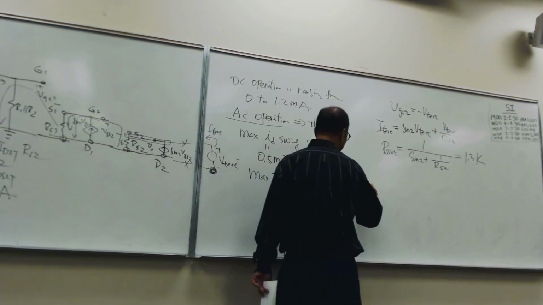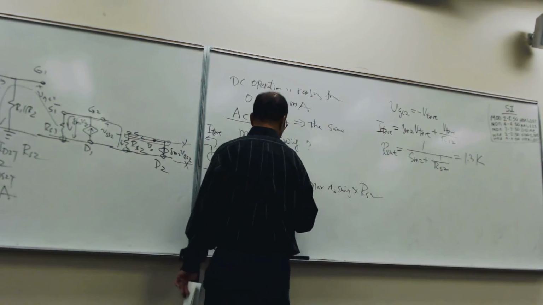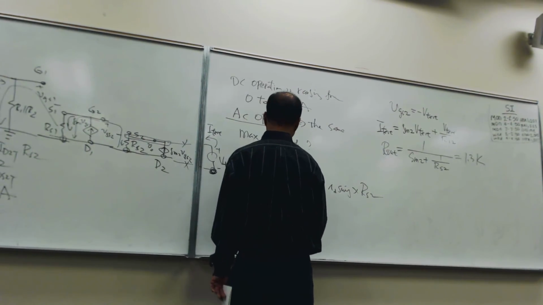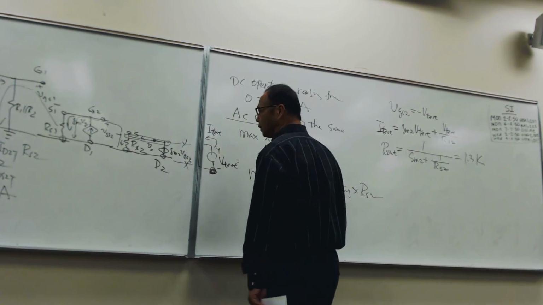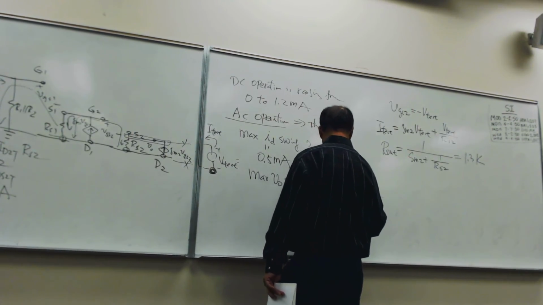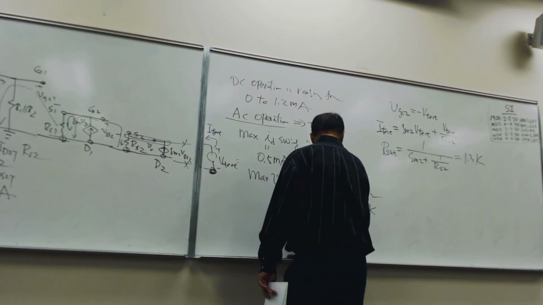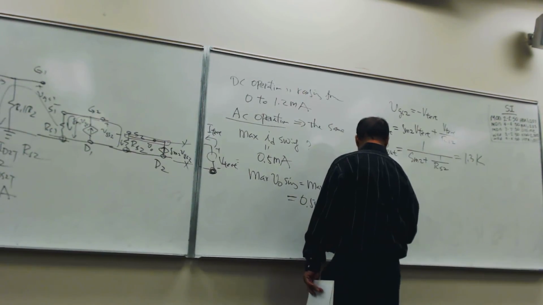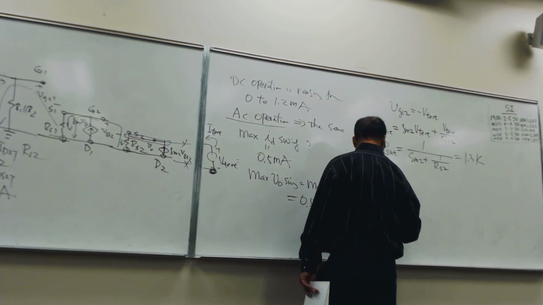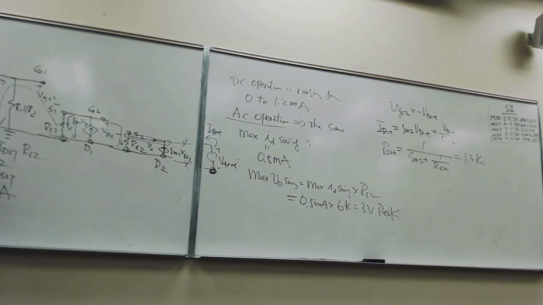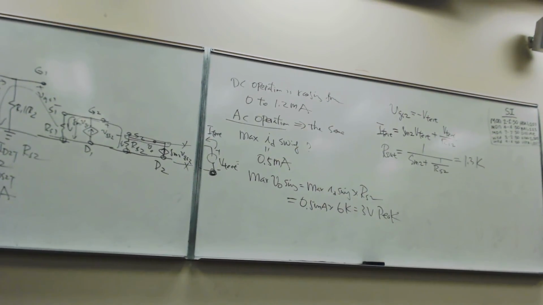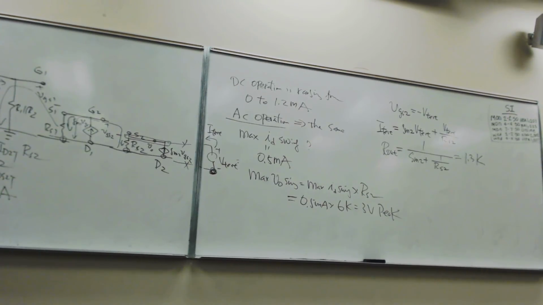So you get 0.5 milliamp times RS2, which is 6K. So you have a 3 volt peak. So that is the maximum output voltage you can have without any distortion.